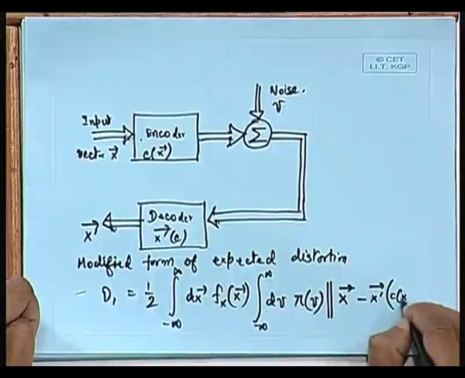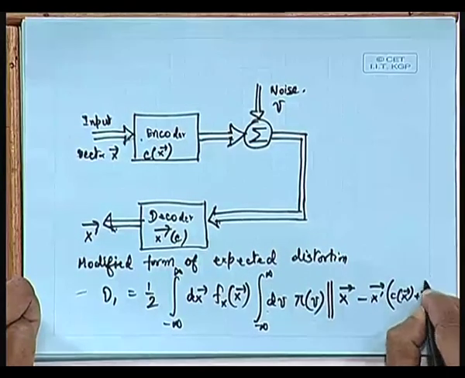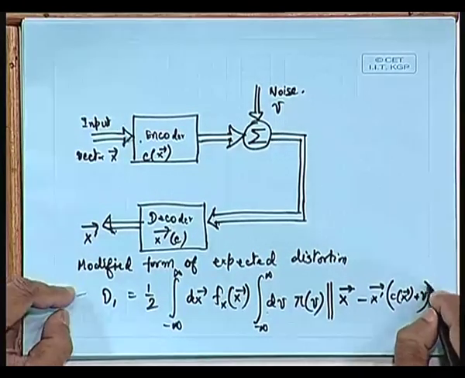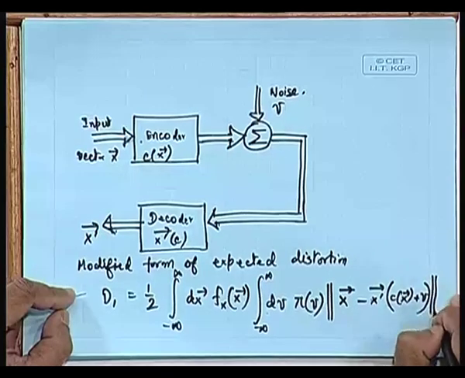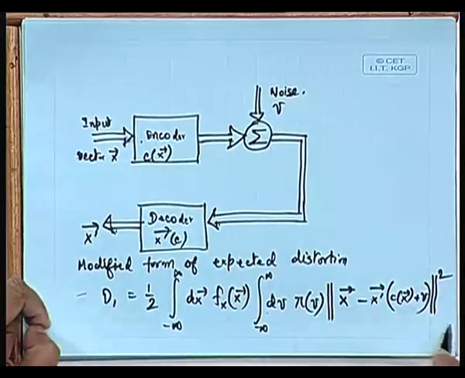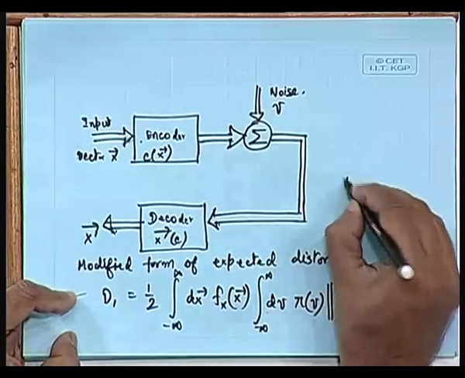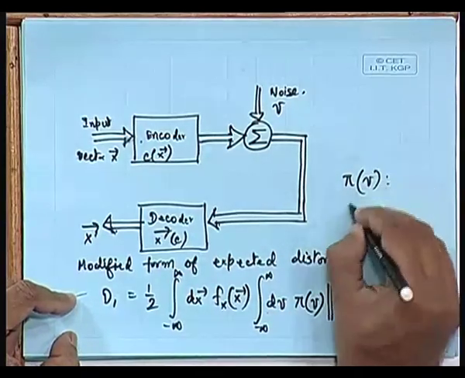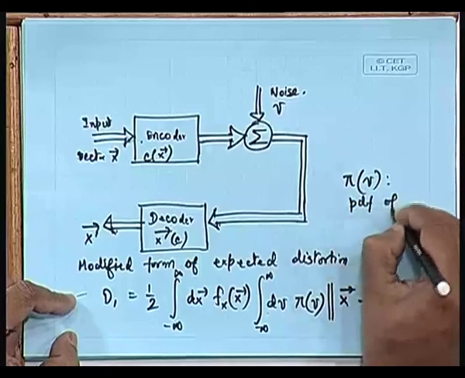We take the Euclidean norm of this, so this is the square of this, times pi of nu, the PDF of the noise.